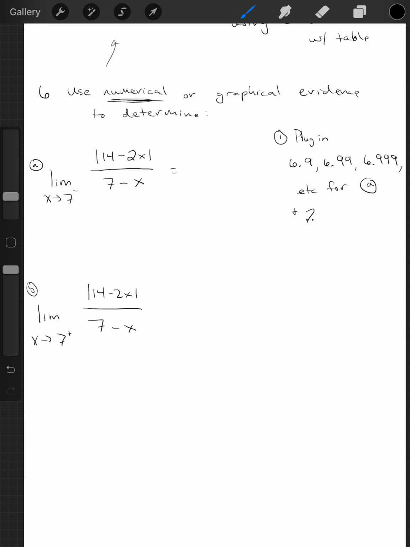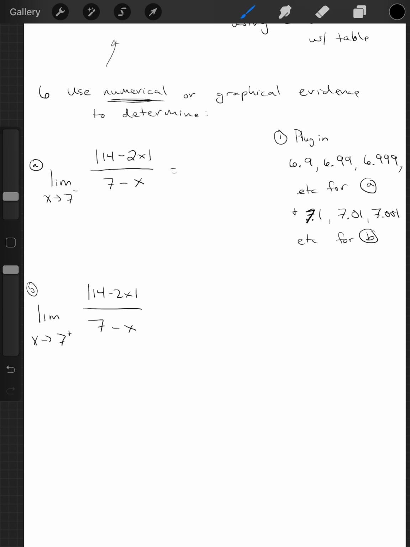And 7.1, 7.01, 7.001, etc. for B, because those are all numbers that are bigger than 7 that are getting closer and closer to 7. So that's one thing you can do.